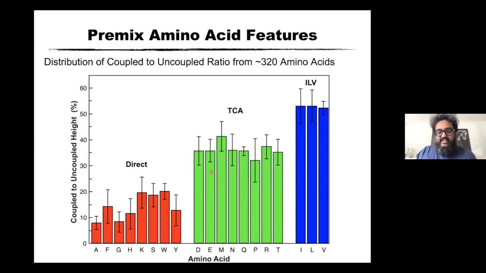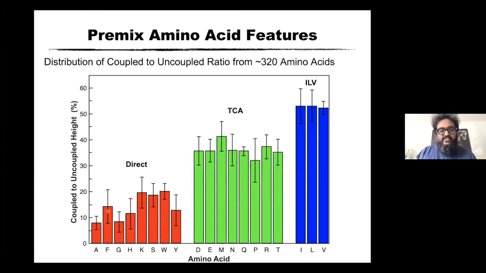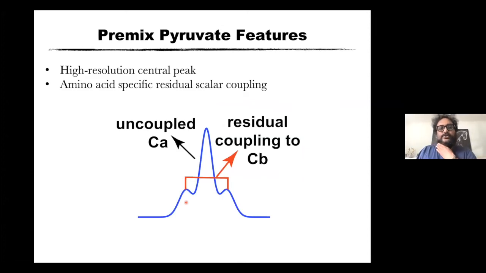Now, you can take the ratio of what we call the uncoupled to the coupled resonances and plot it for amino acids derived from different pathways. You can see that the worst case is about 50%, which means your central peak is going to be almost twice as tall in almost all the amino acids. And these shoulders give you different ratios that can be used for assignment procedures, which I'll show you in just a second.